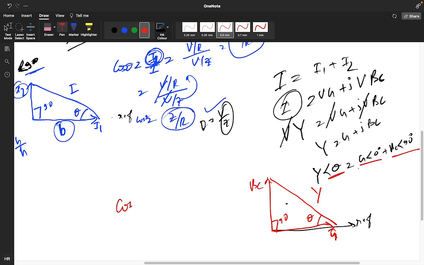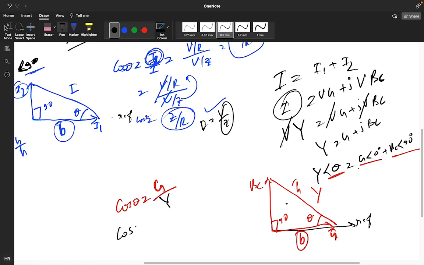So cos theta is what? Cos theta is base by hypotenuse. So this is base and this is hypotenuse, so G upon Y will come. Everyone, is it clear? Prasanna, is it clear for you? Yeah. So G upon Y will come.